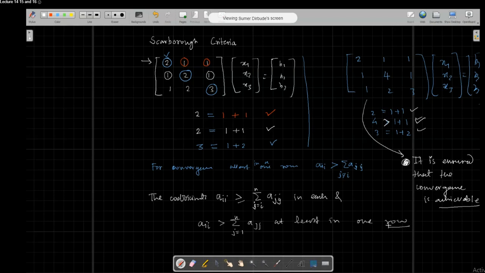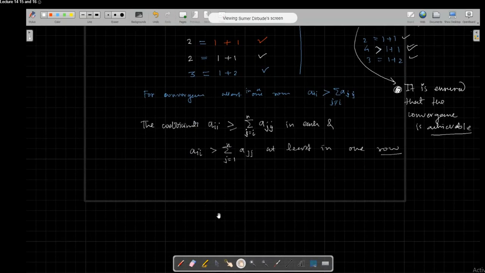If the condition is satisfied in all rows, that is fine, but at least one row should have the larger diagonal element.